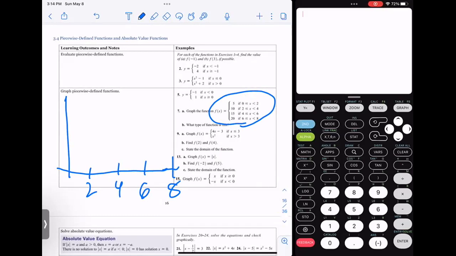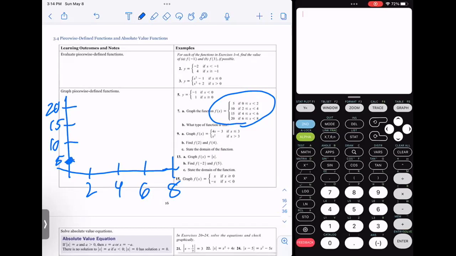Now, let's start off with 5. We'll say this is 10. Okay. Now, if we're at 5, from 0 to 2, not including 2, but including 0, it will be 5. So I'm going to color in where the 5 is.